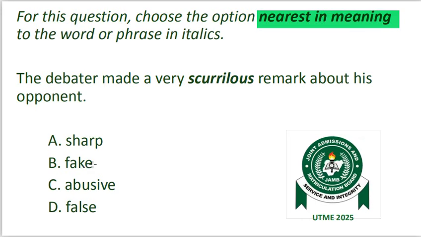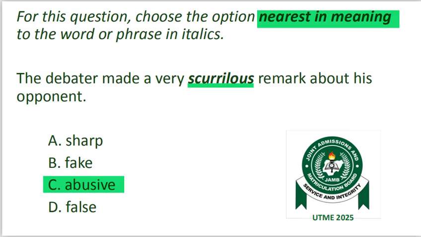B. Fake. C. Abusive. D. False. Scurrilous means insulting or abusive. From the meaning of scurrilous, we already know that option C is the correct option. The debater made a very abusive remark about his opponent.